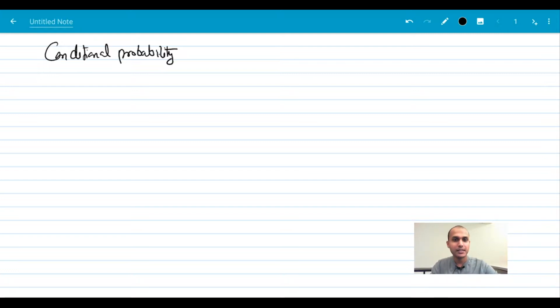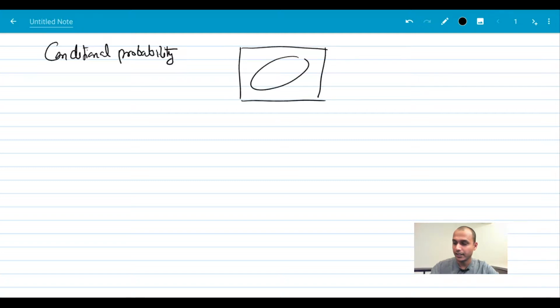It's the same as the probability function, except for one twist. Let's say you have two events. Let's say this is our sample space omega, and we have event A and event B. Then we can ask the probability of event A given that B has already occurred.